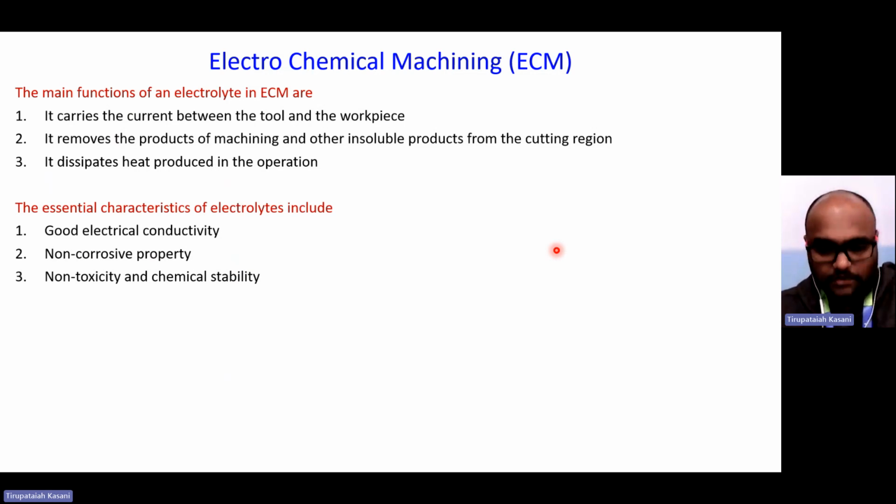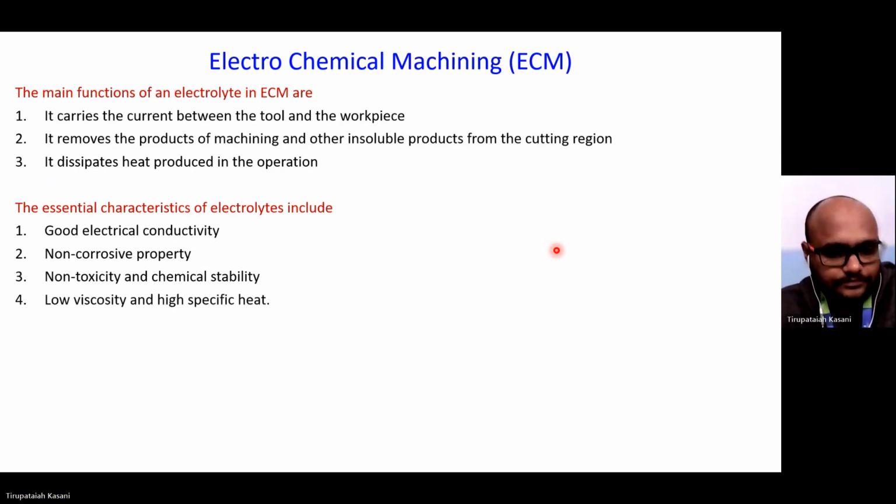Chemical stability means that during the machining there should not be any further byproduct formation. There is no further reaction of that chemical, whatever you are using as the electrolyte medium, during or after the machining process. It should be non-toxic because if it is toxic, it will be harmful to humans if inhaled.